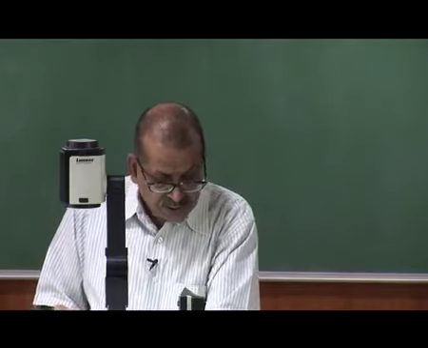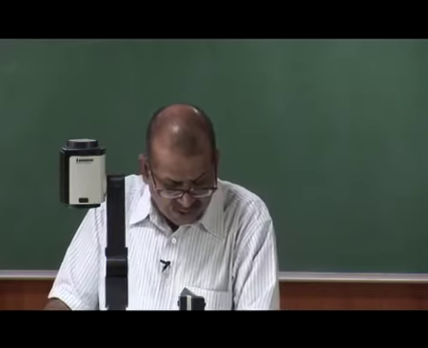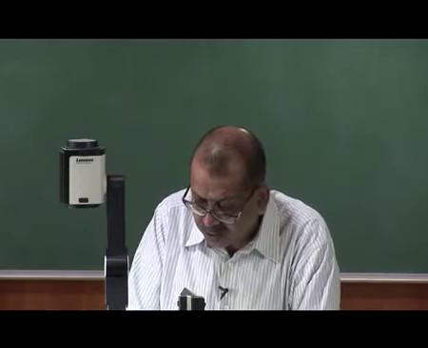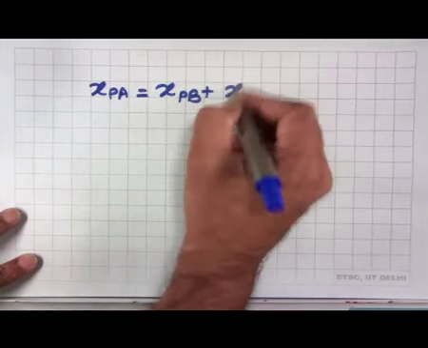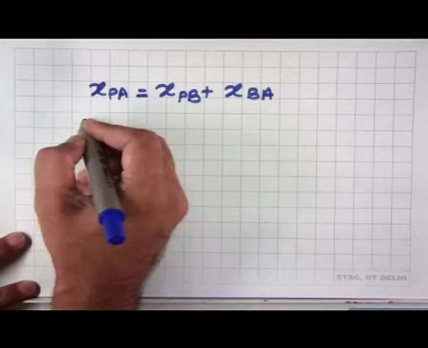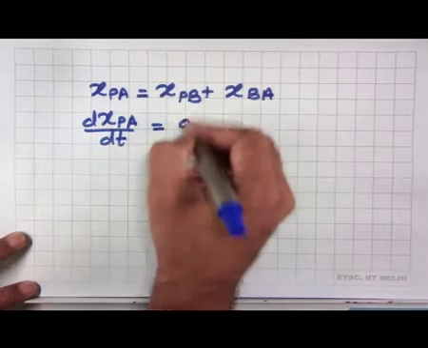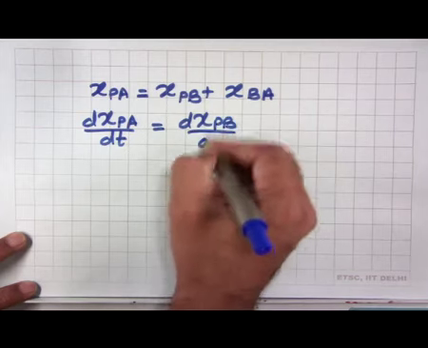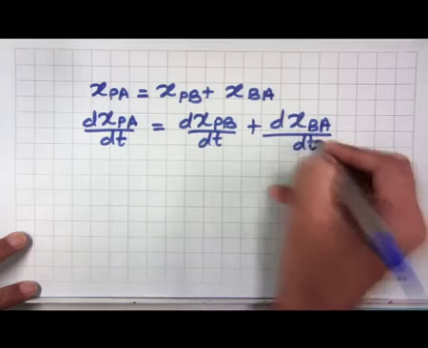Now, from the figure it is very clear that XPA is equal to XPB plus XBA. So, let us write this: XPA equals XPB plus XBA. Now, if we differentiate with time, we get dXPA by dt equals dXPB by dt plus dXBA by dt.